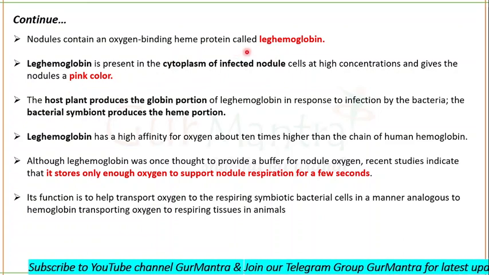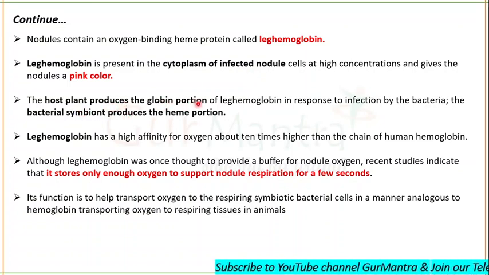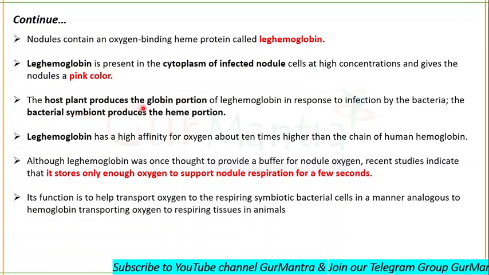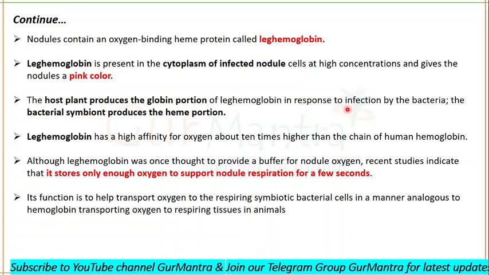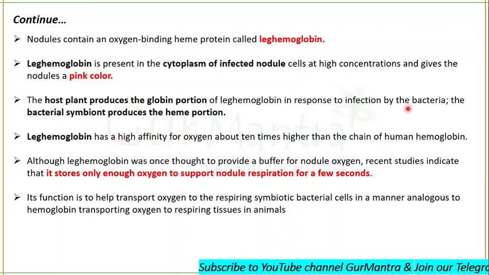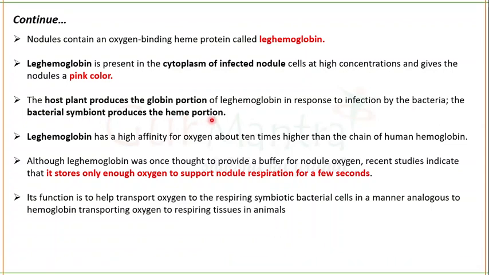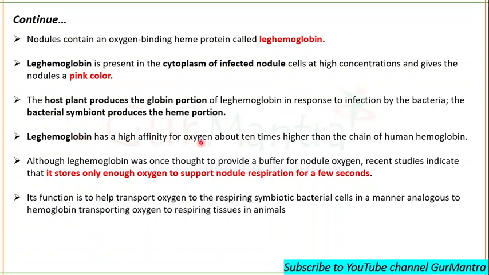So this is leghemoglobin. The globin portion of leghemoglobin will be produced by the host plant in response to the infection by bacteria. When bacteria infect the host plant, the host forms the globin portion of hemoglobin, and the heme portion is produced by the bacteria itself. Leghemoglobin has more affinity for oxygen as compared to human hemoglobin.